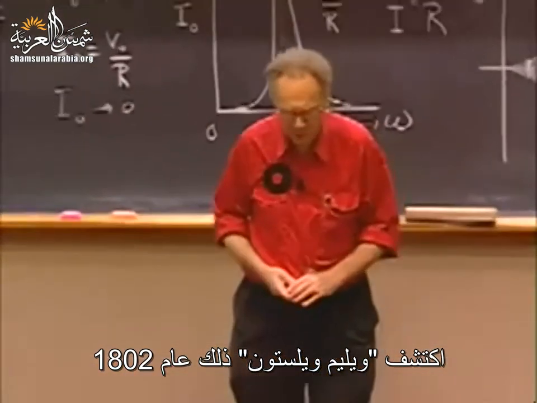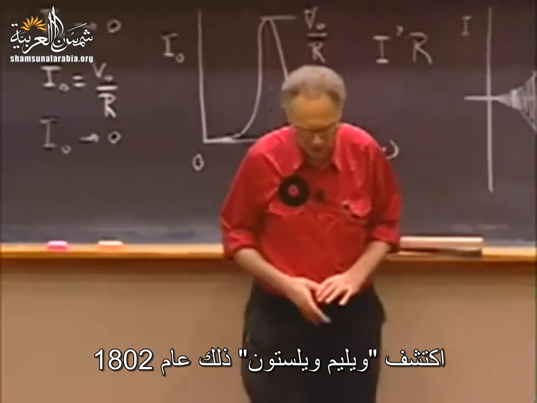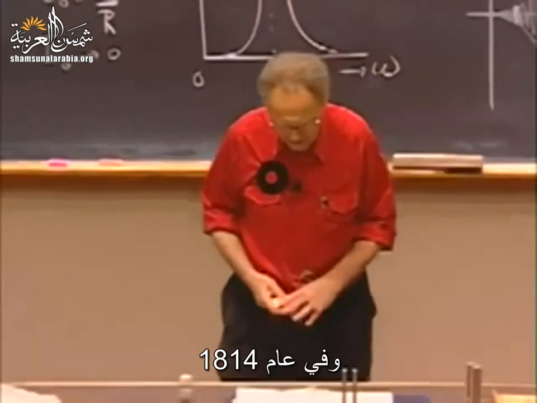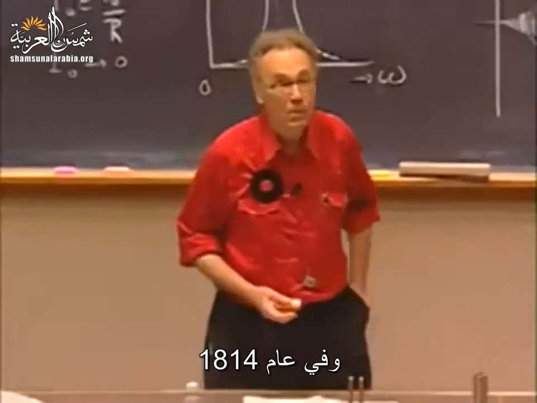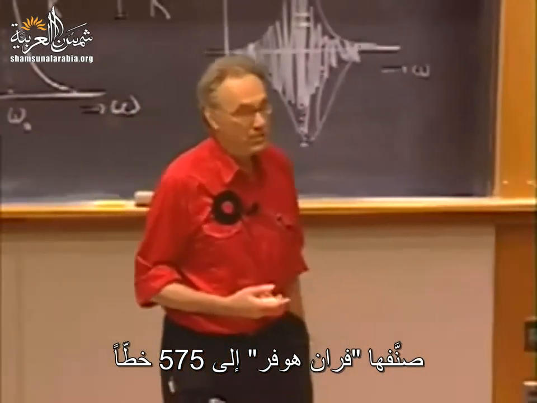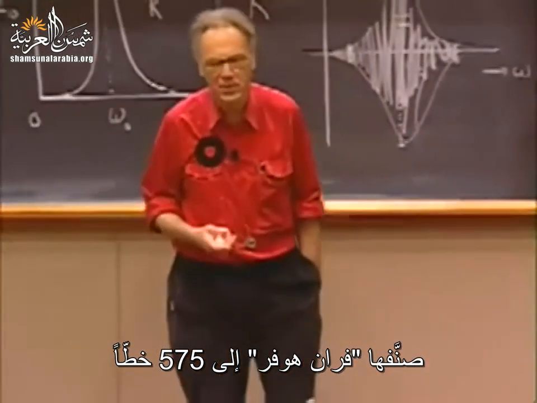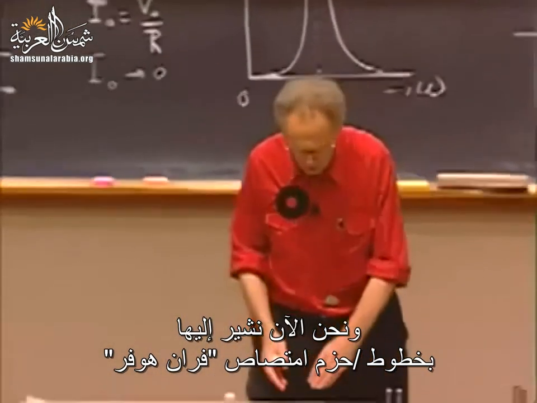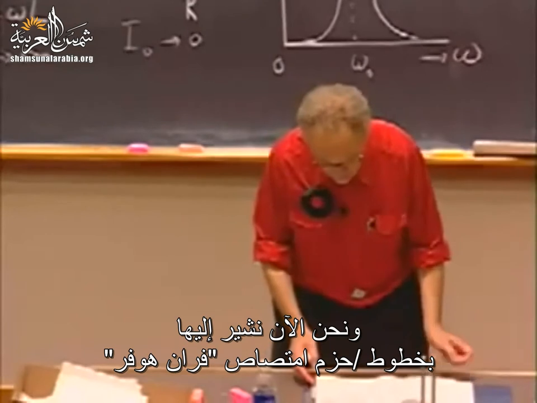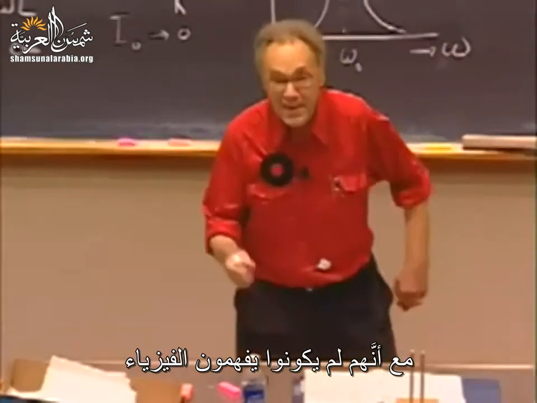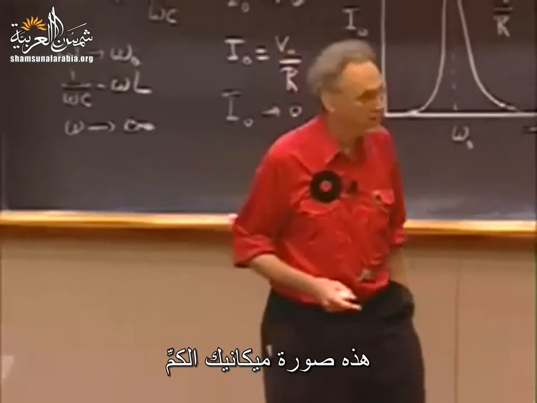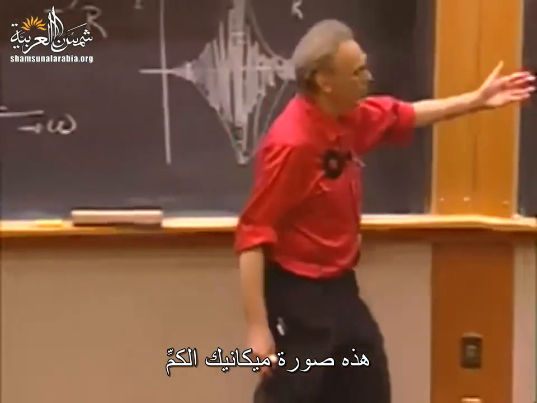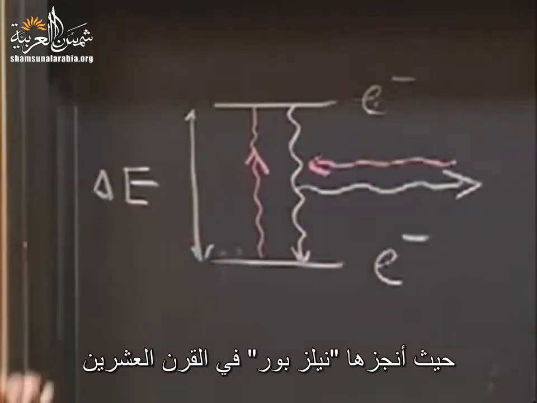They were discovered in 1802 by William Wollaston. And in 1814, Fraunhofer had catalogued 475 of these lines, and they are now referred to as Fraunhofer absorption lines. Even though they did not understand the physics, this is a quantum mechanics picture that came from Niels Bohr, 20th century.